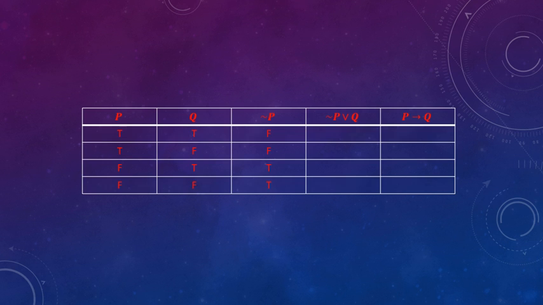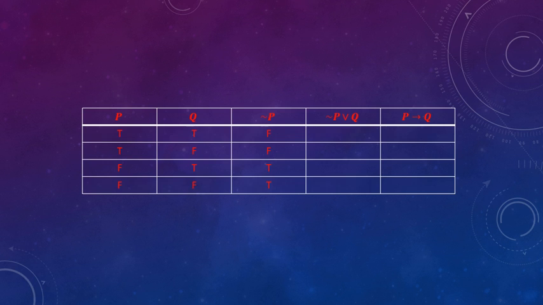Okay, so let's see if you got there. The column for not P is really straightforward, just switching the truth values of the entries in the column P. So not P goes FFTT.